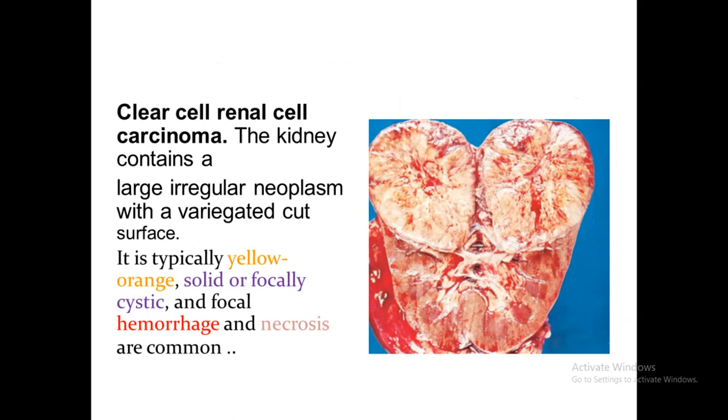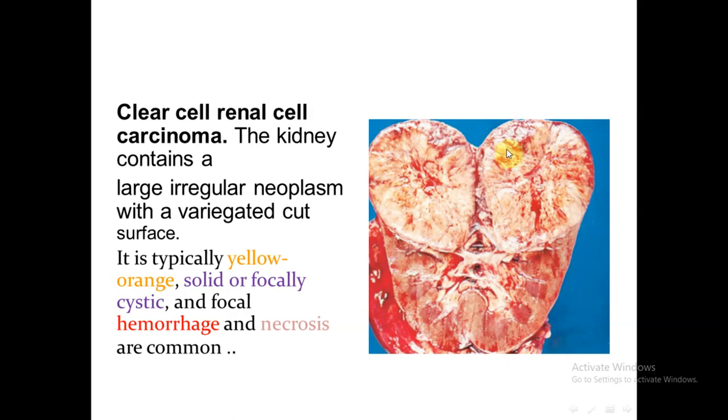This is renal cell carcinoma. The most common type of renal cell carcinoma is clear cell carcinoma of the kidney. Here we have a well circumscribed tumor with a heterogeneous, irregular cut section, showing these yellow areas.